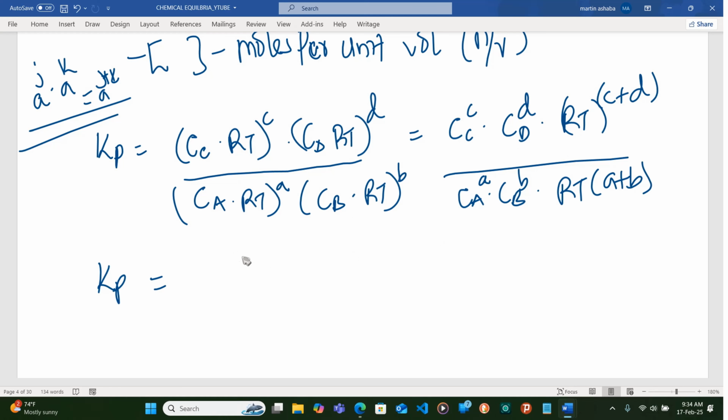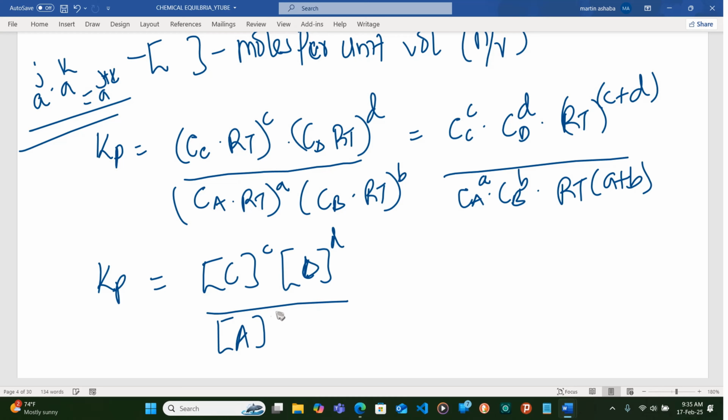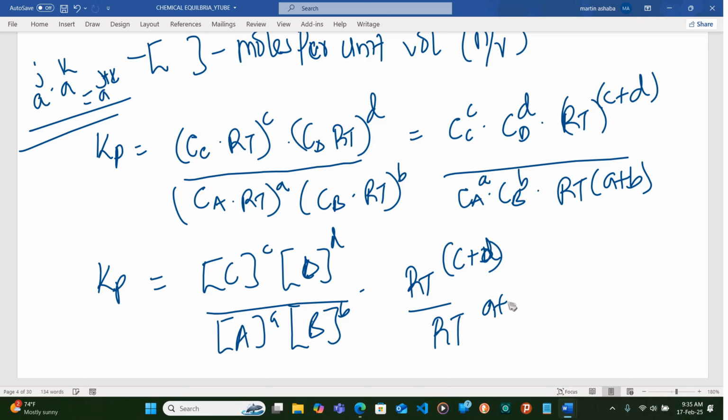Kp is going to equal the concentration of C to the power c, times the concentration of D to the power d, divided by the concentration of A to the power a and the concentration of B to the power b, then times RT to the power c plus d, divided by RT to the power a plus b.